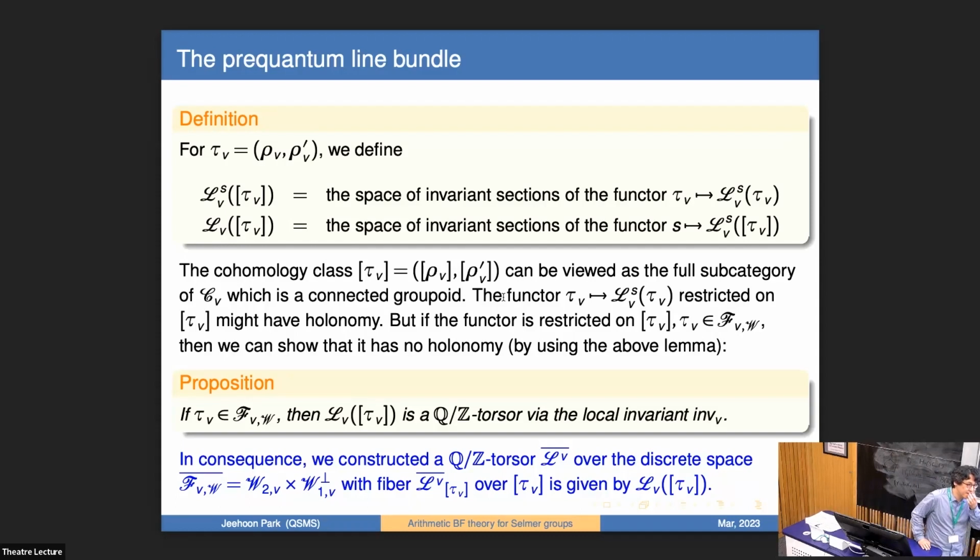There is no scheme structure on that finite set? I'm just looking at it as a discrete space, because I'm looking at the finite abelian group. So you can put a scheme structure on it. Which characteristic? It doesn't have to be, but usually it's just a finite abelian group, so its size is finite.